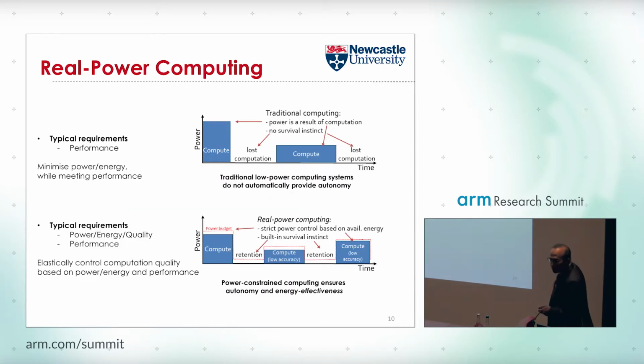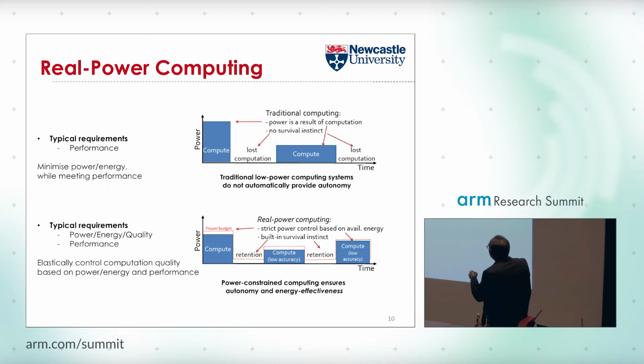Right, just some typical examples. Again, in traditional systems, if you were to take out the battery and replace the battery by, let's say, some energy scavenging source, you normally have some sort of power and some sort of performance requirement, okay? And what you want to do is meet the performance requirement and at the same time minimize the power as much as possible.